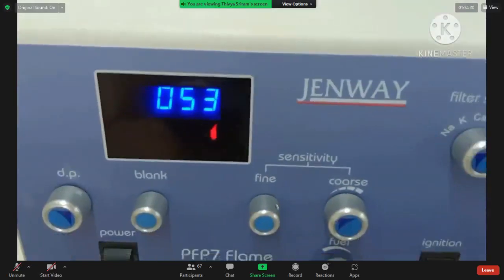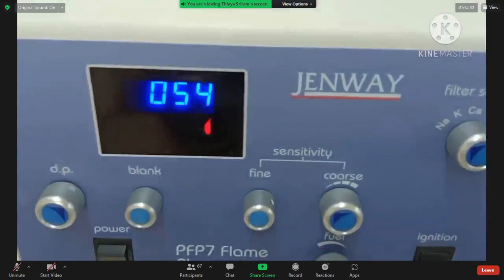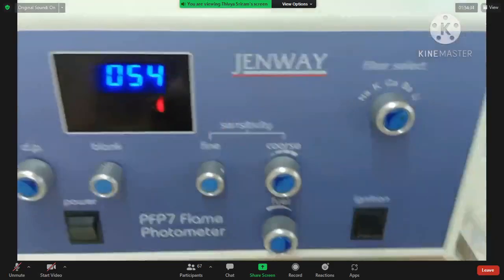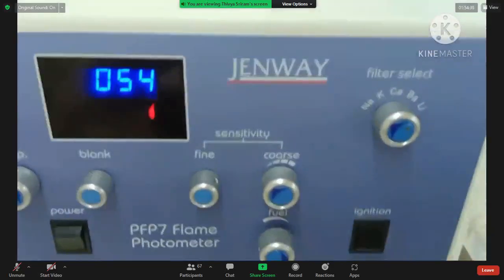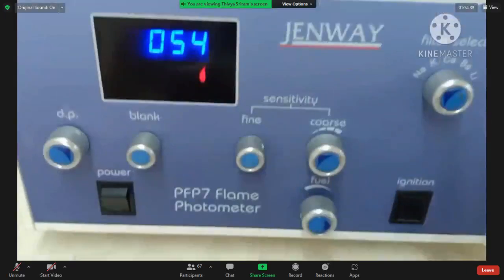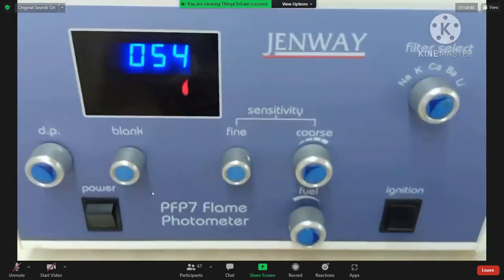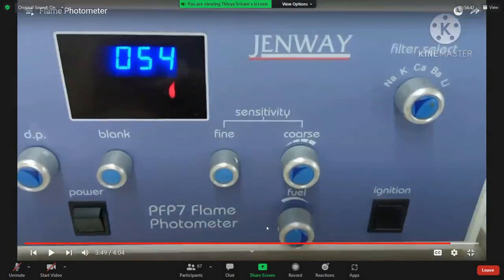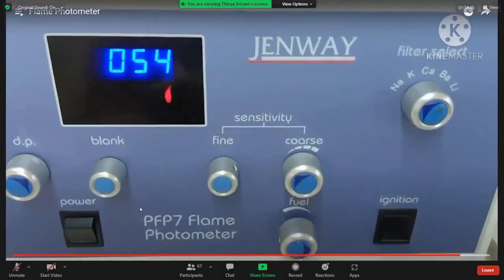And take note that we will only do the calibration from the start. So there is no need now to touch anything on the flame photometer. Just after the blank, we can change the concentrated samples, and up to constant reading, we have to place that sample inside that small tube.